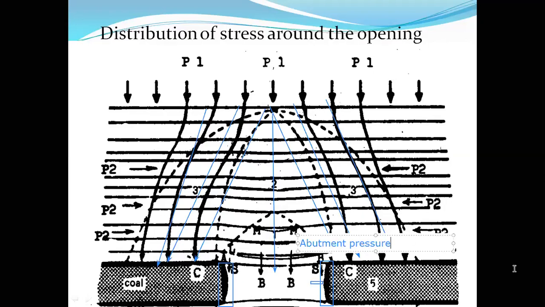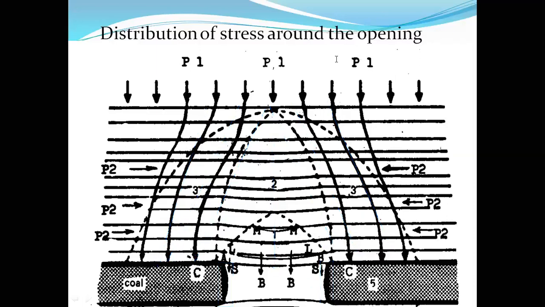So here, if you look, all the forces which were vertically acting on top of this opening, only a certain extent got redistributed, and what about the remaining portion of it? Look at my drawing here. See this part.